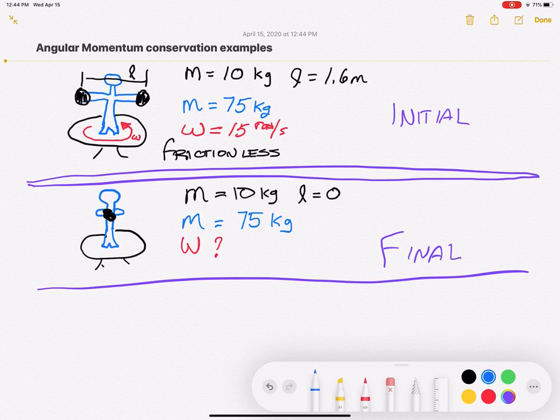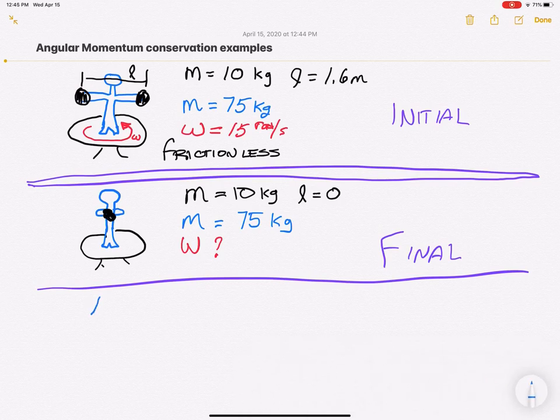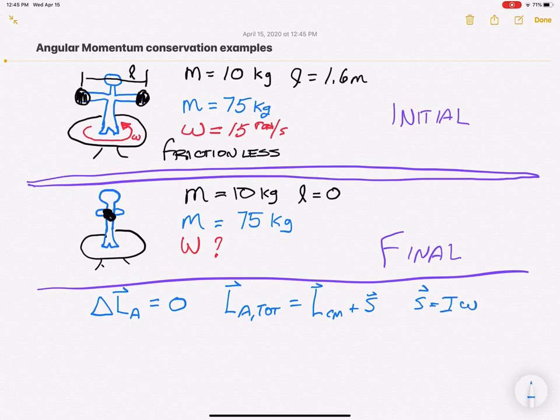And so our angular momentum conservation, you'll remember, starts off with the total around the center of mass is equal to 0, and our L total is composed of the L center of mass plus the spin. And the one we care about now is the spin, which is equal to I omega.